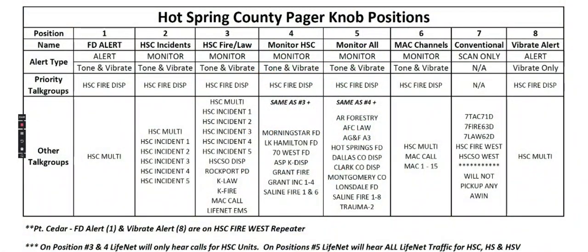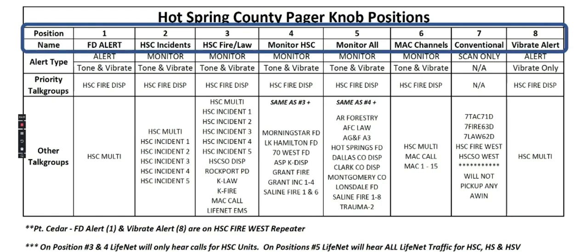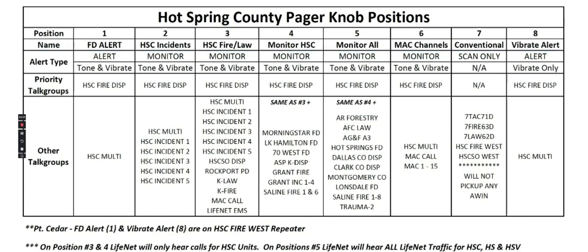Okay, this is just a quick overview of what we just discussed on the video. This is the sheet that everyone gets to show what each position is for on the pagers. On the top rows, we have the position number and then the name. This name will be displayed on the front of the pager when it's on this position.